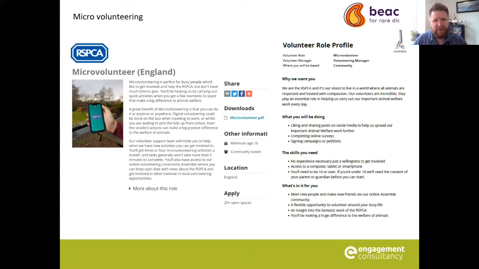And they currently have lots and lots of volunteers, so hundreds and hundreds of micro volunteers. But what they have found is that it's increased their diversity and inclusion enormously. So they've seen a rise in people who would come from non-traditional volunteering backgrounds. So as Hannah mentioned earlier, those, in inverted commas, traditional volunteers, older people who come from affluent backgrounds.